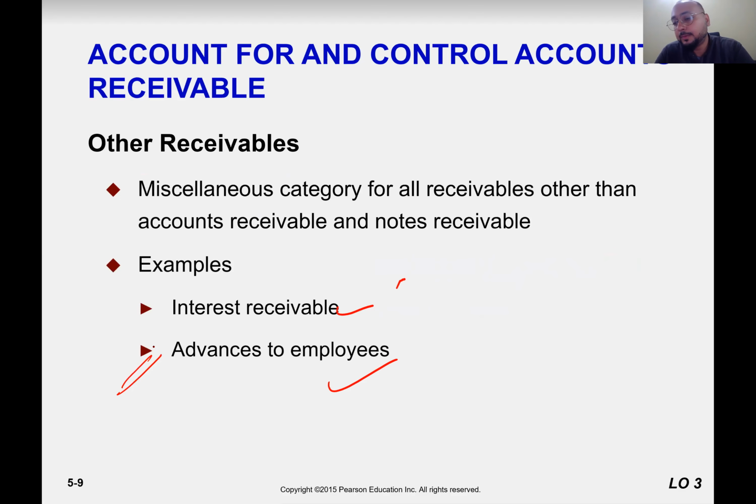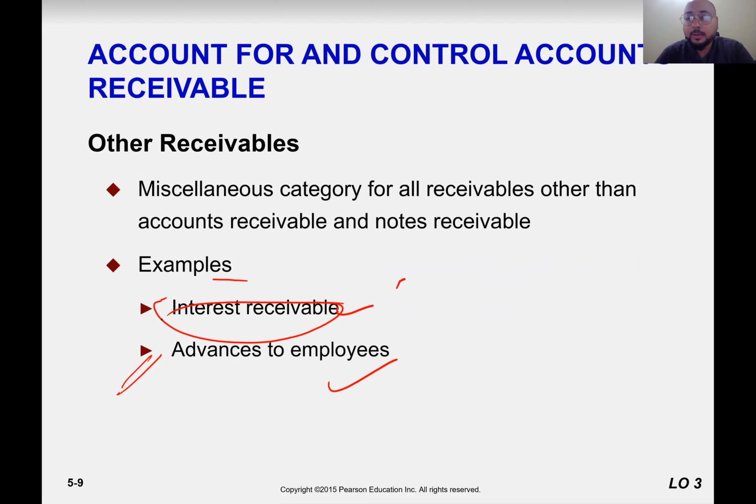Like if an employee wants to buy a car, you lend the money to the employee and receive money on a monthly basis with small profits, or maybe free of cost with zero profit. Similarly, interest receivable, the arrangements like we talk about, we give a loan and we receive some interest. So that is interest receivable, right?